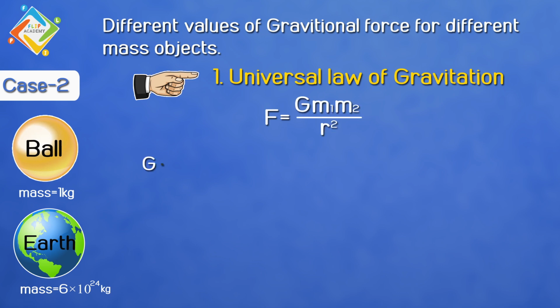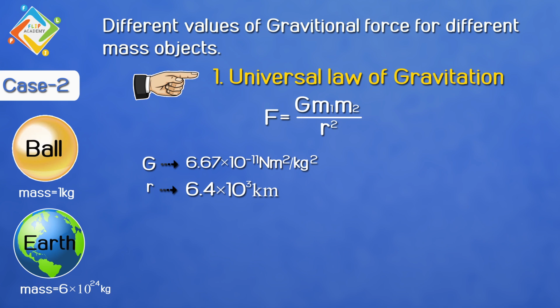G is known to us, 6.67 into 10 raised to the power minus 11 Newton meter square per kg square. The radius of the earth is 6.4 into 10 raised to the power 3 kilometer. The radius and mass of the earth are constant values, already calculated and given to us.